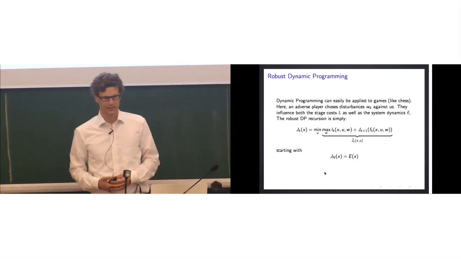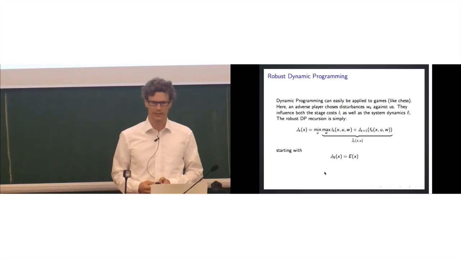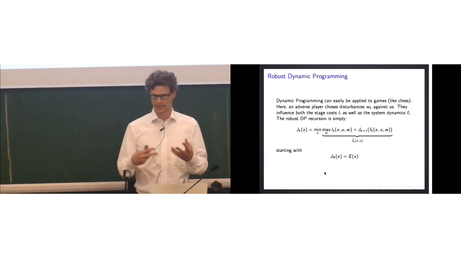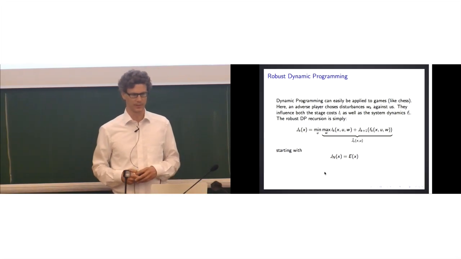And this function that we minimize, I always call J tilde, just for you to know. And J tilde is, of course, a function of x and u. It's already the maximum over all the adverse player's choices.